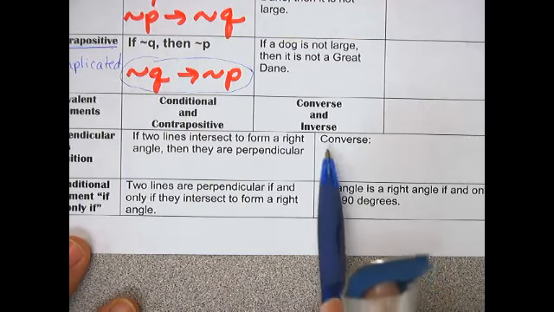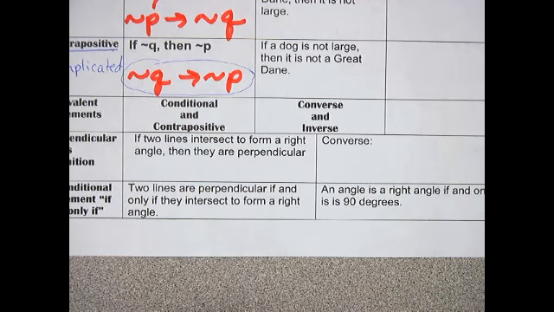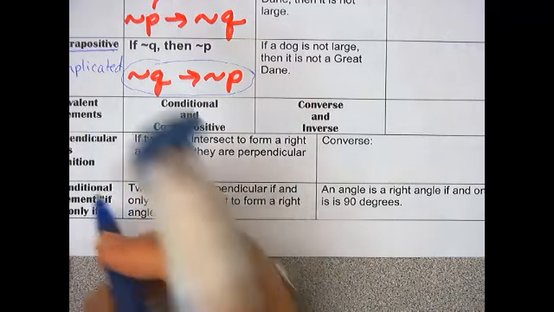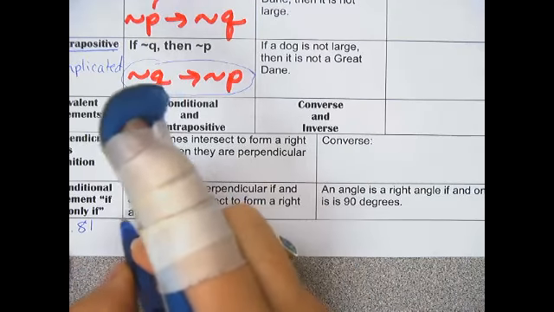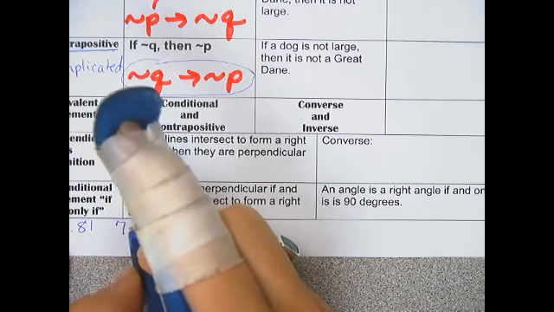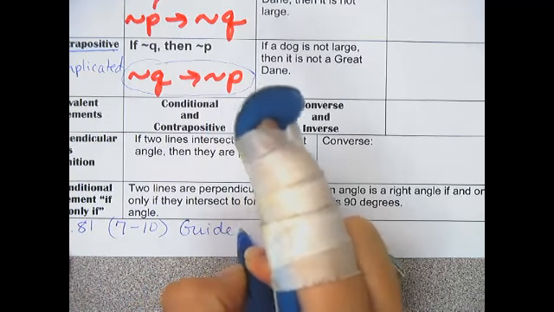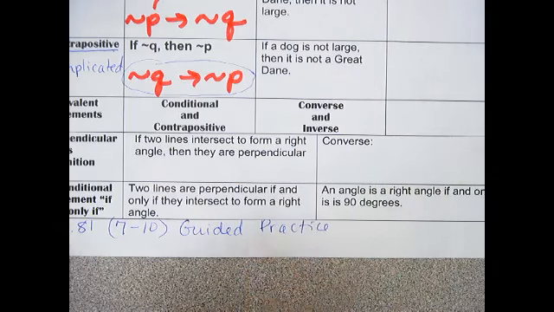Okay? We're going to talk about these equivalent statements in class, but just to finish up, can you please read the perpendicular lines definition, and I'd like you to write the converse of that. And then to finish up, right at the bottom, we're going to talk about biconditional in class.